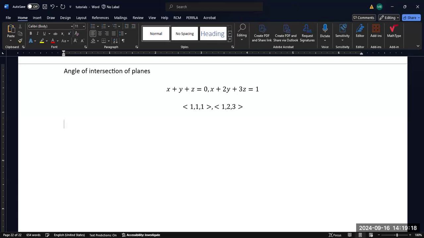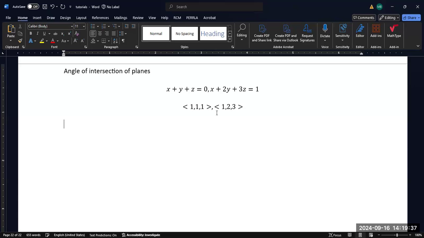So what we need to do is come up with the angle of intersection between these two vectors. Again, these are the vectors that are perpendicular to the plane. They're the normal vector that defines the orientation of the plane. And so the angle between these vectors will give us the angle between the planes.